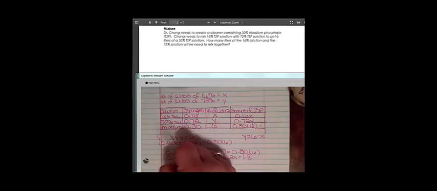I'm going to add my 0.16x and my negative 0.72x, and that will give me a negative 0.56x. And then if I subtract over my 4.32, I get negative 2.52.